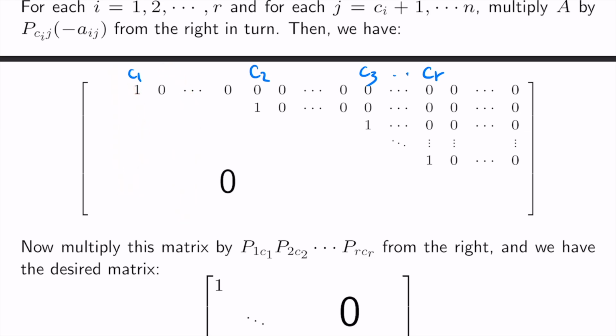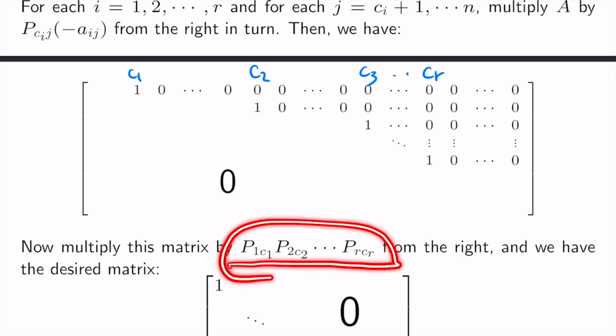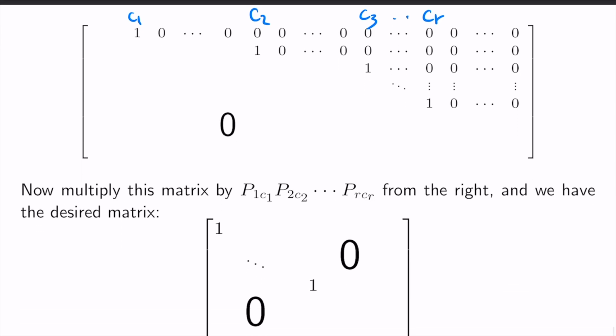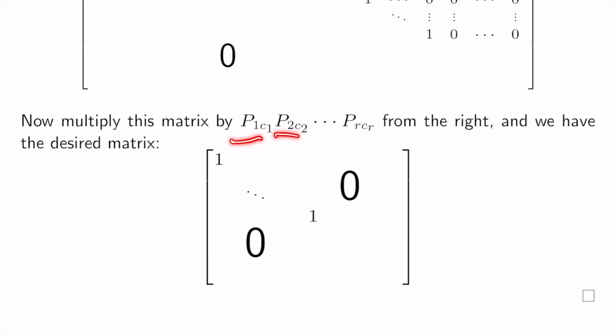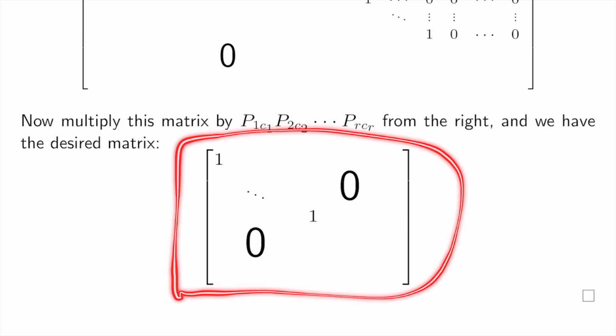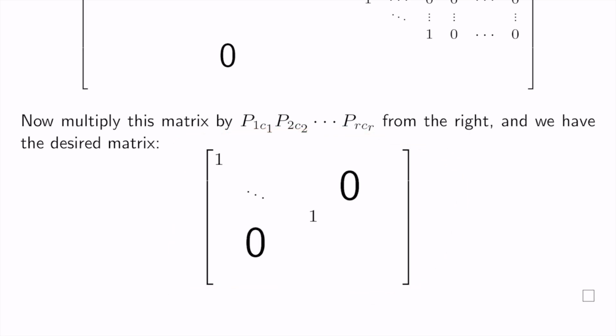So this swapping of columns can be done by these elementary matrices. So we apply these elementary matrices from the right again in turn. Then after all, we obtain the desired form of the matrix. And we are done.